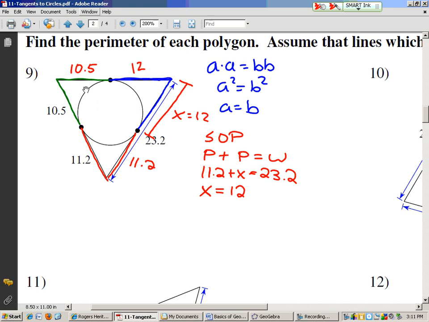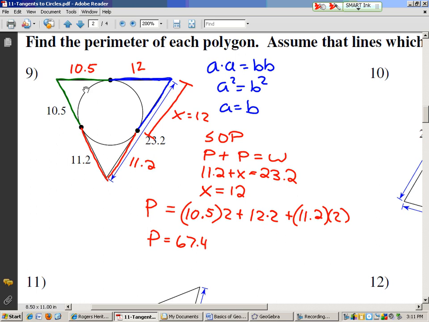So I'm going to get 10.5 times 2 plus 12 times 2 plus 11.2 times 2 should equal my perimeter. And what'd you say it was? 67.4.